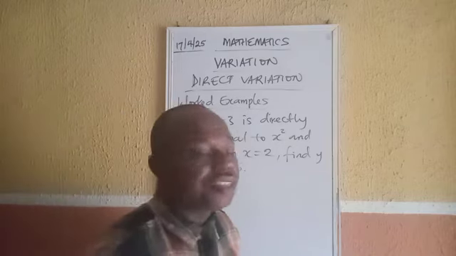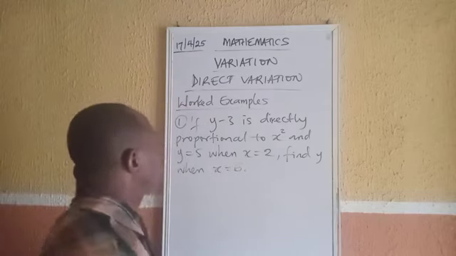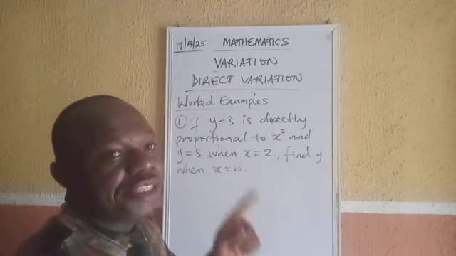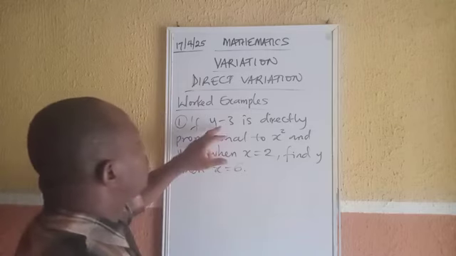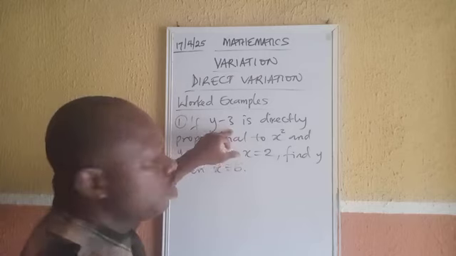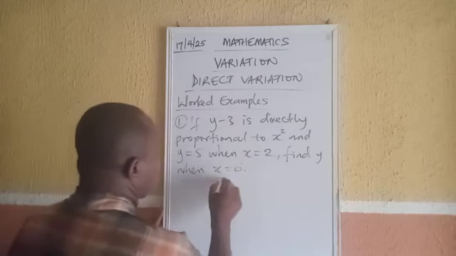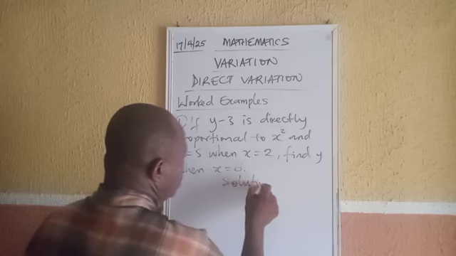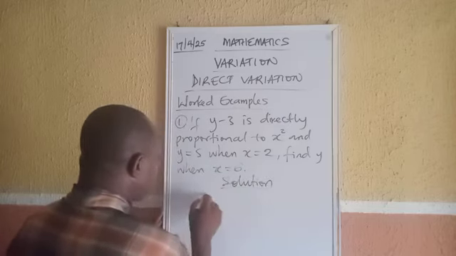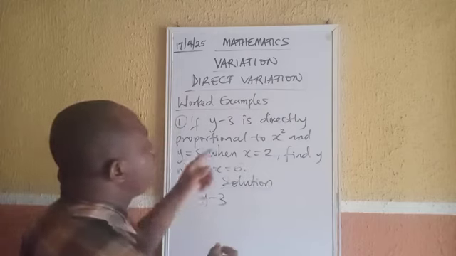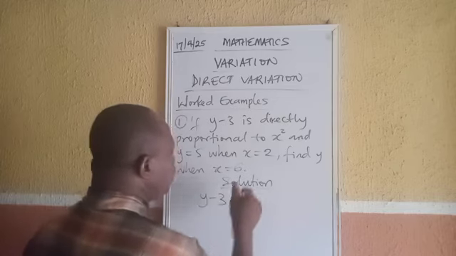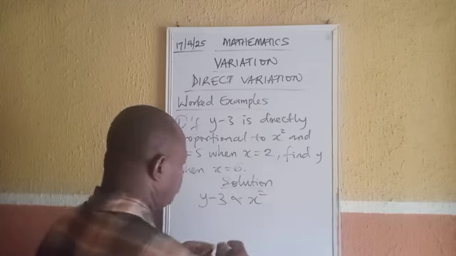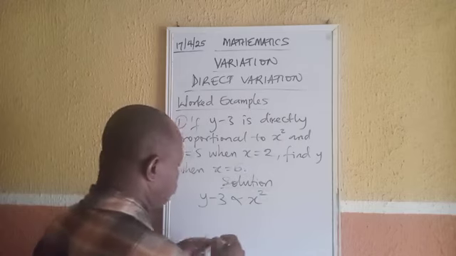Now if you look at this example here, first let us identify the two quantities that vary with each other. Y minus 3 is one quantity. So y minus 3 varies directly or proportional to the second quantity, x squared. This is how you write direct variation.